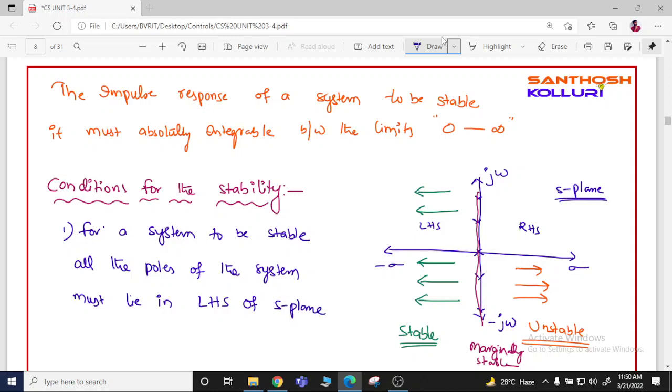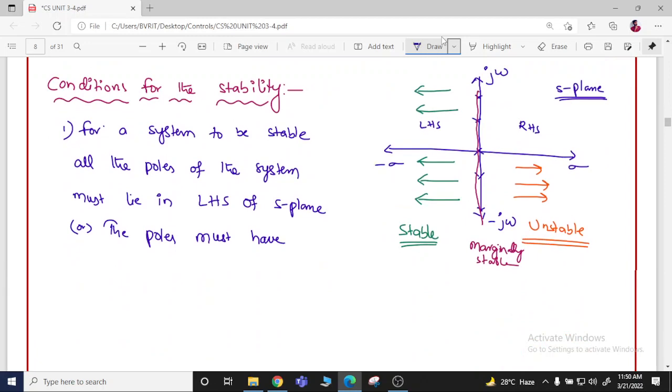Then the system can be called a stable system. Or in other words, we can say the poles must have negative real parts. So both ways we can state this.